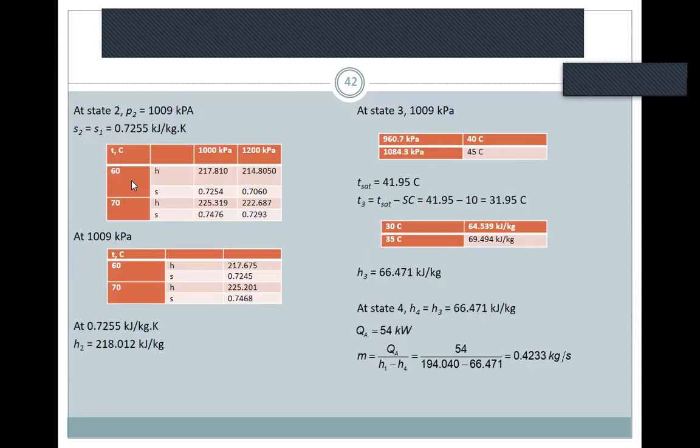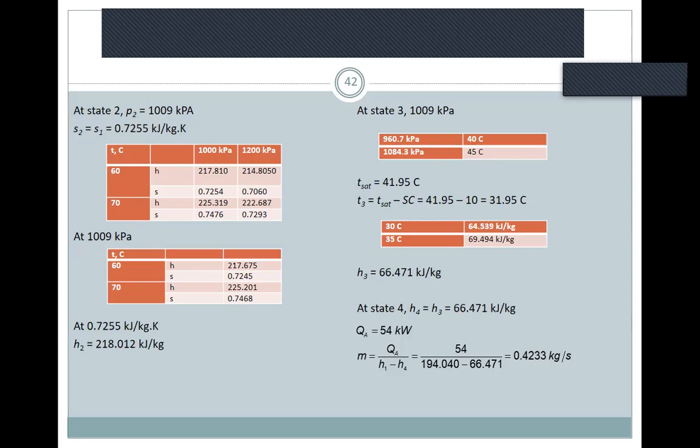Temperature is in between ito, 960.7 and 1,008.43, 40 and 45. So T sat is 41.95 C. So T3 subcooled, T sat minus SC is 41.95 minus 10 is 31.95 C. Then using the temperature, 30 C and 35 C, yung H sub f niya, saturated liquid, 64.539 and 69.494, interpolate. H3 is equal to 66.471 kJ per kilogram. So H4 is equal to H3. Same. So kompleto na yung enthalpy mo.